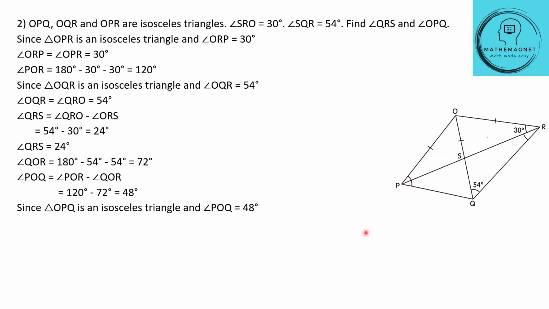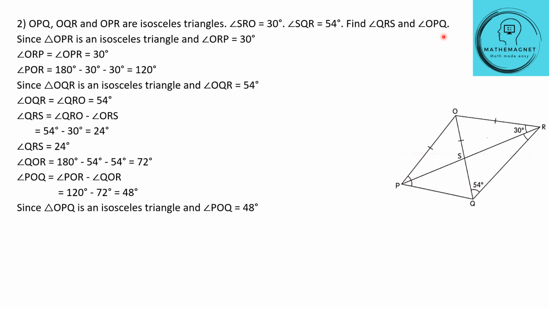Now we will consider the triangle OPQ. In this triangle we know that it's an isosceles triangle, and we found POQ is equal to 48 degrees. So angle OPQ is equal to angle OQP, since it's an isosceles triangle.